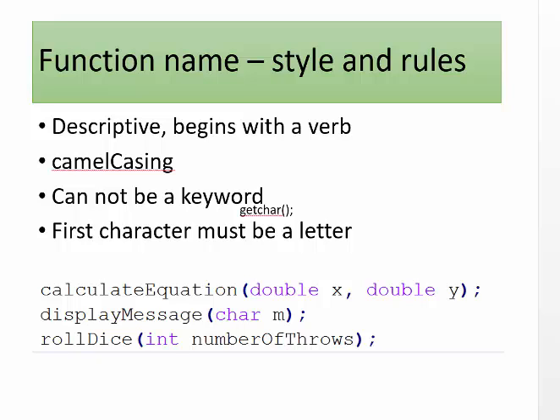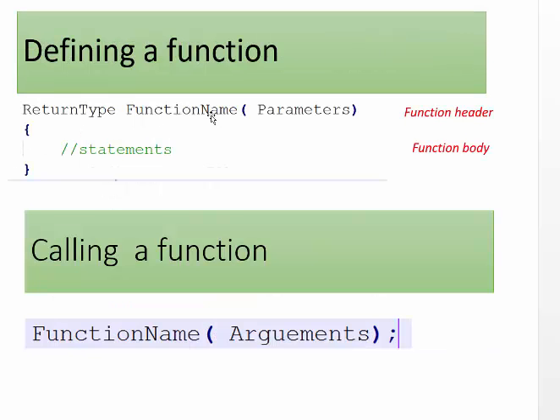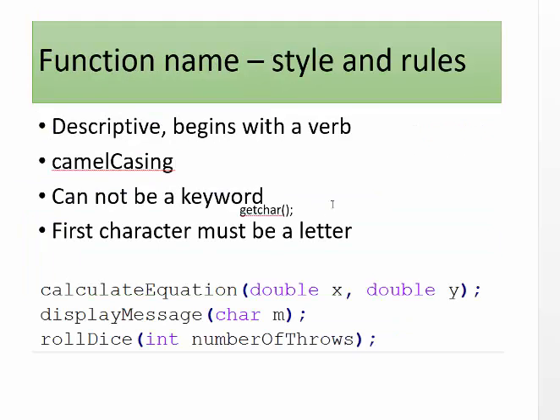Naming our function. I said the function has a function name. Let's name our function. There is some variation in styles for naming functions depending on where you look, and there are some rules for naming functions that everybody has to comply to.